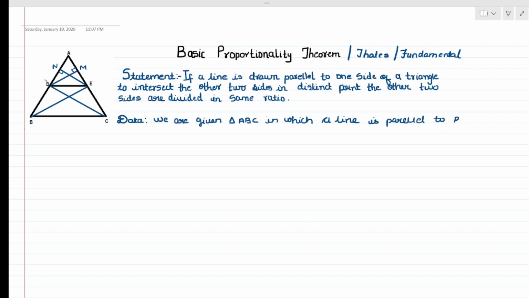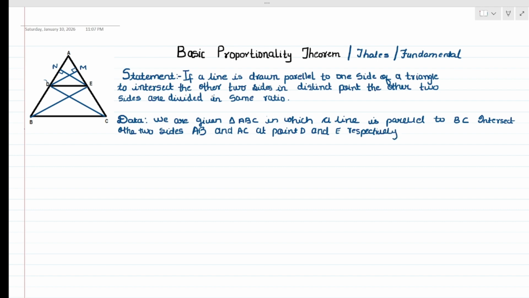Okay, it is parallel to BC, and where it is intersecting at point D and point E. So we will write which intersects the other two sides AB and AC at points D and E respectively. Okay, we have written our data.